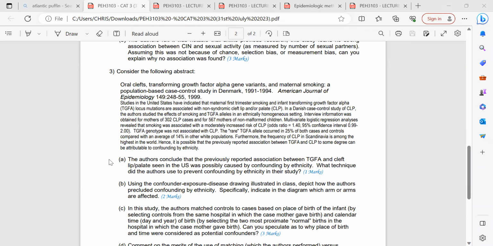In this Danish case control study of CLP, the authors studied the effect of smoking and TGFA alleles in an ethnically homogeneous setting.